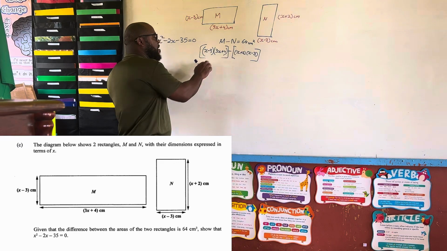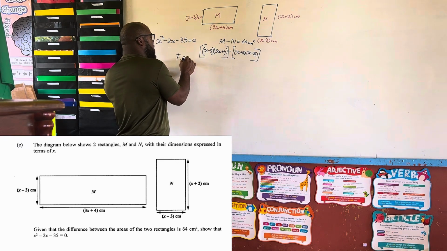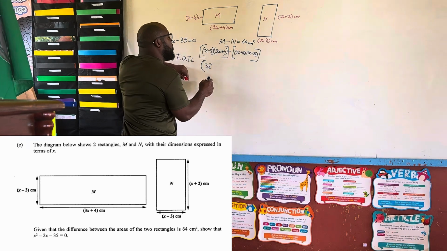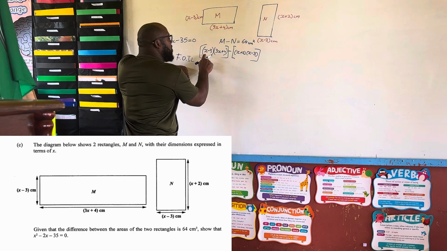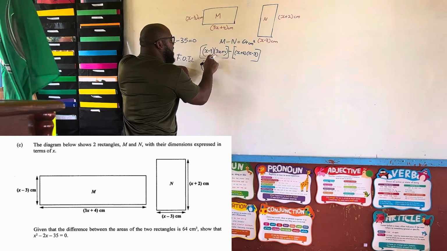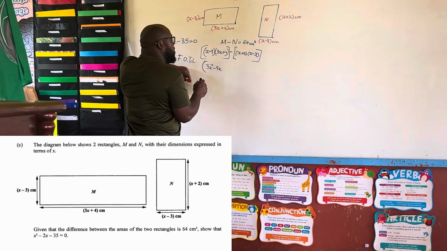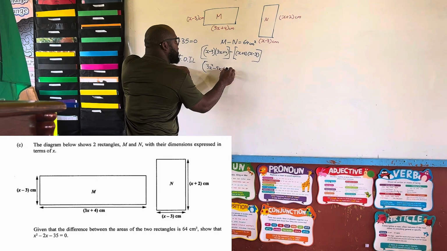Let me see, give me all of these. Let's go. 3x squared. Minus what? These two together, so minus 9x, plus 4x.